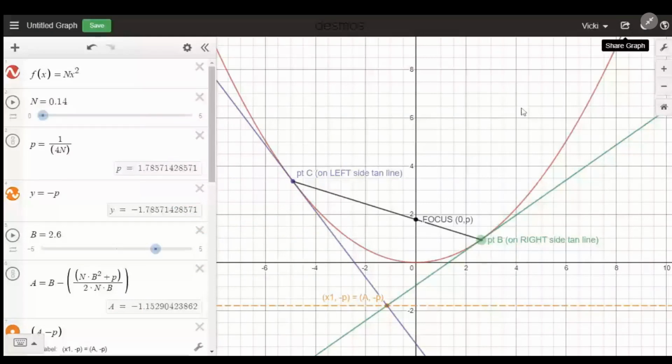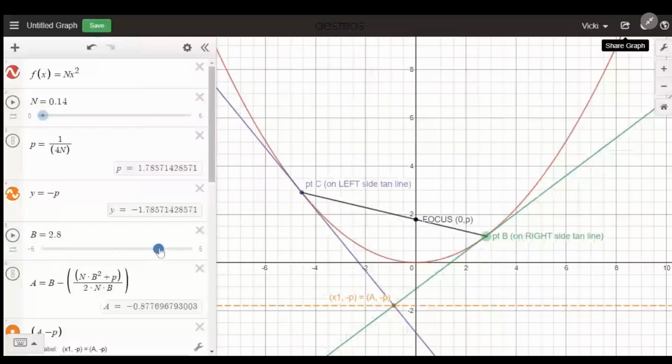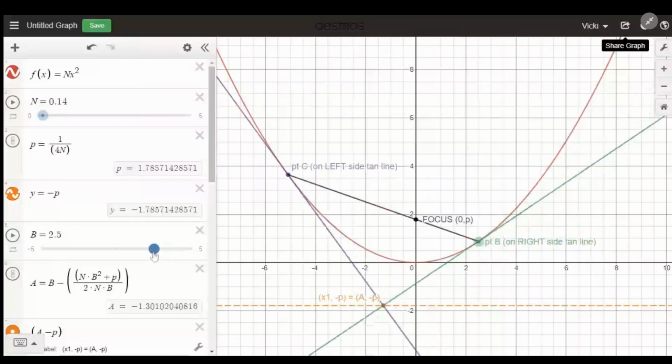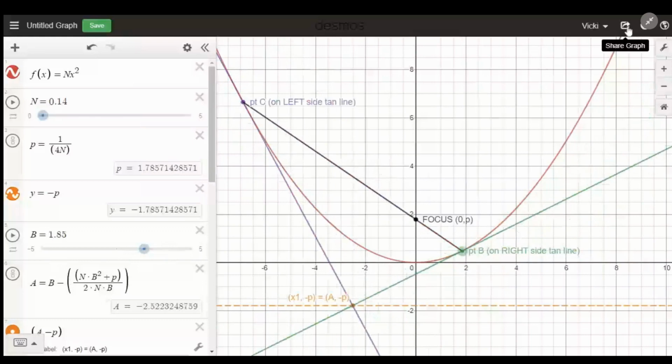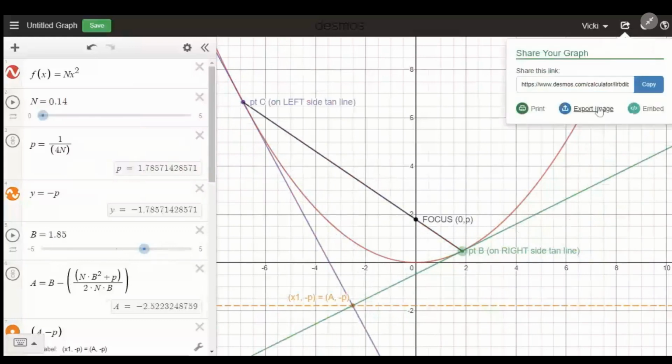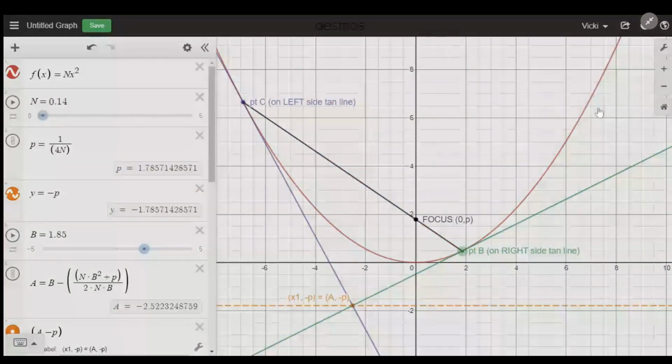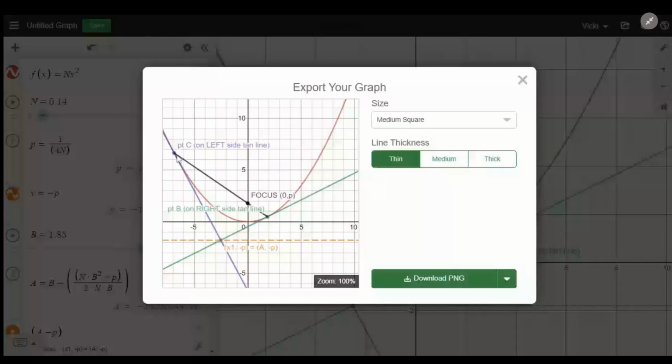I think I might want B to be smaller. Now I think they won't get confused. Well, here's point C, here's point B, here's the focus, and here's where they meet. Okay, we'll keep this.